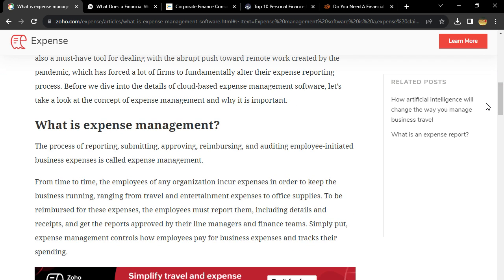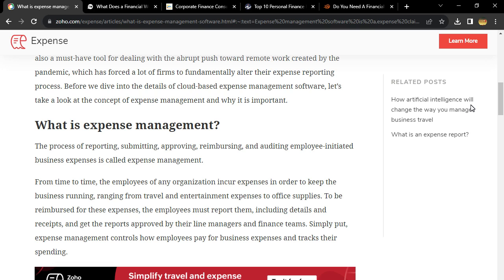What is expense management? The process of reporting, submitting, approving, reimbursing, and auditing employee-initiated business expenses is called expense management. From time to time, the employees of any organization incur expenses in order to keep the business running, ranging from travel and entertainment expenses to office supplies.